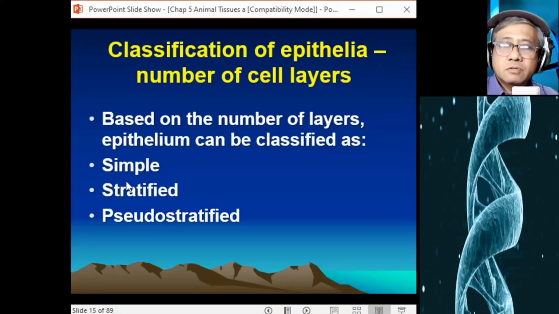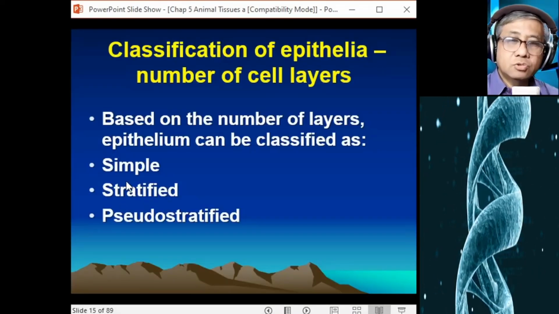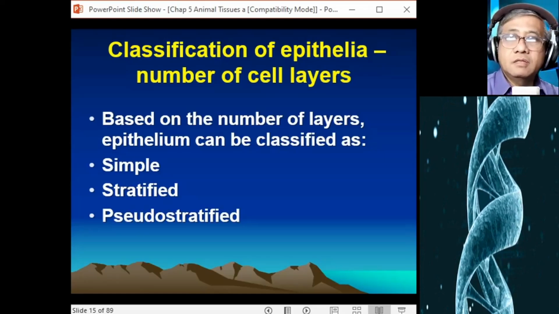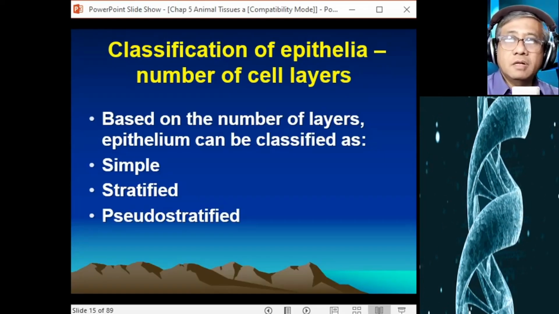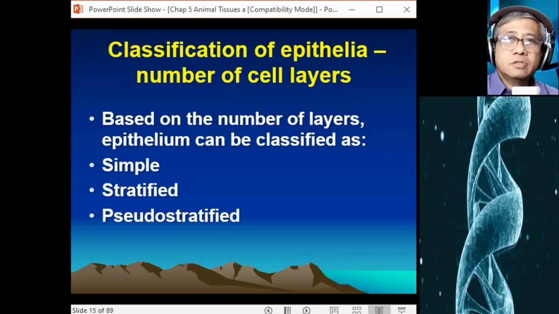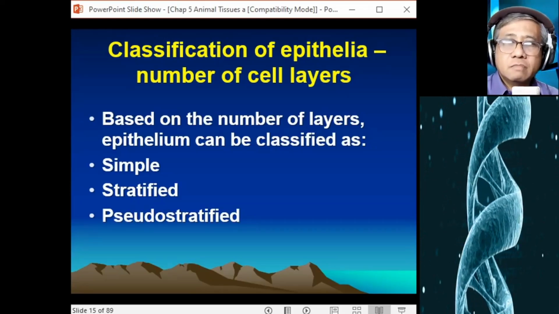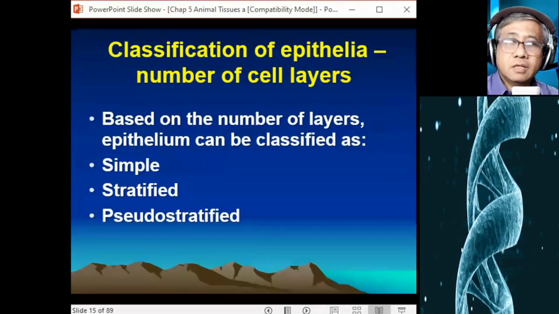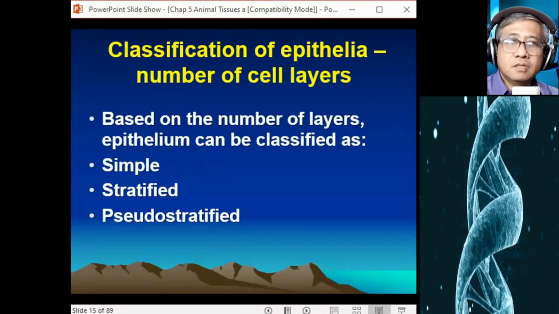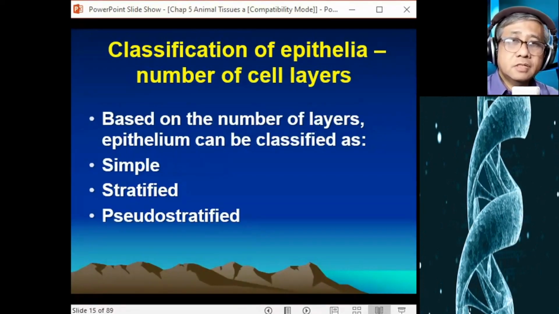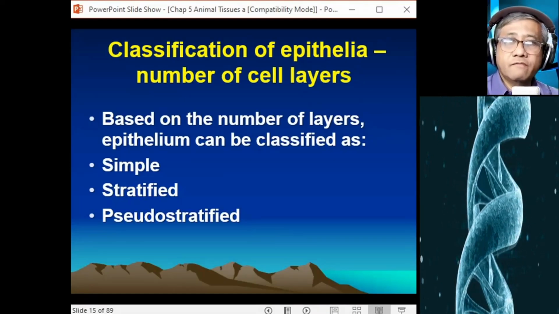Okay, so again, in terms of the classification of epithelial tissue, we can classify epithelial tissue based on the number of cell layers, as simple, stratified, and pseudostratified.